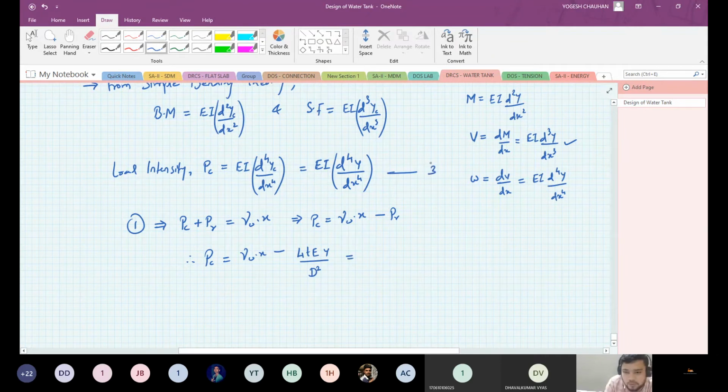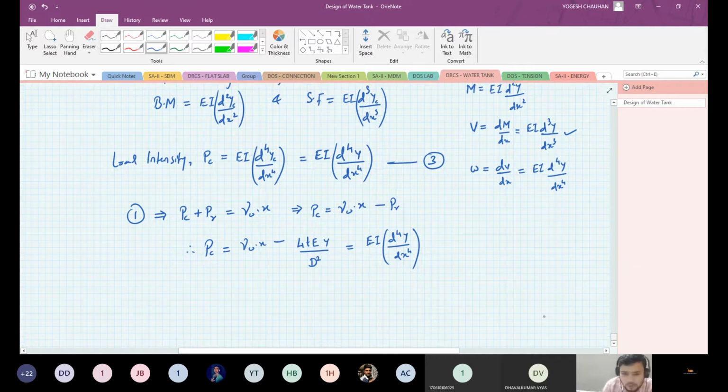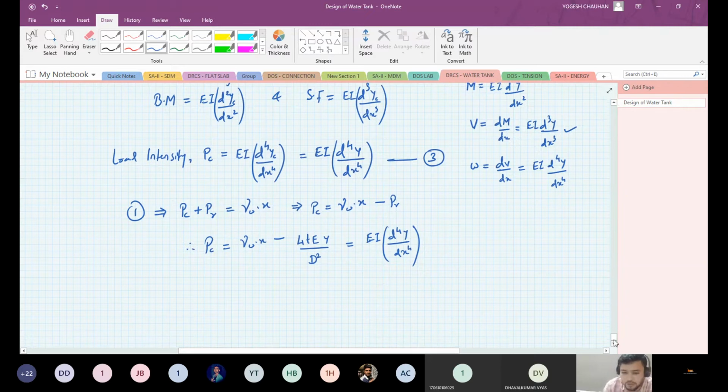Let this be number 3, because here PC is equal to EI d raised to the power 4 y by dx raised to the power 4. Now we can arrange this in the form of d raised to the power 4 by dx raised to the power 4.